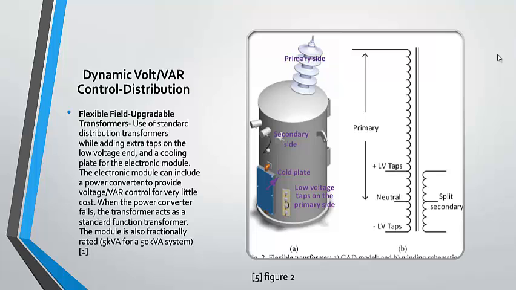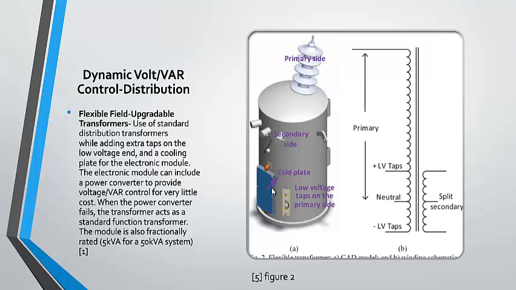Flexible field upgradable transformers. Use of standard distribution transformers while adding extra taps on the low voltage end, and a cooling plate for the electronic module, can include a power converter to provide voltage/VAR control for very little cost.